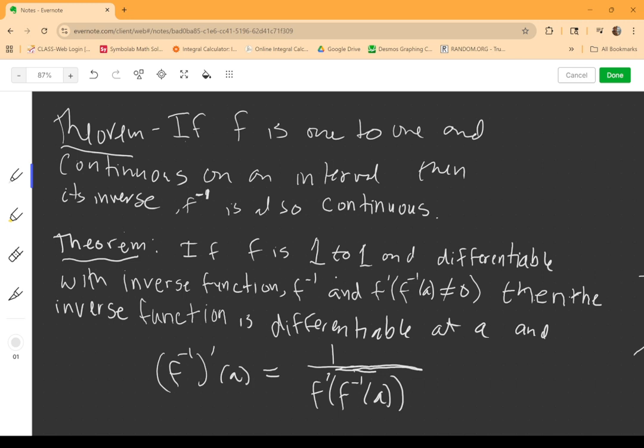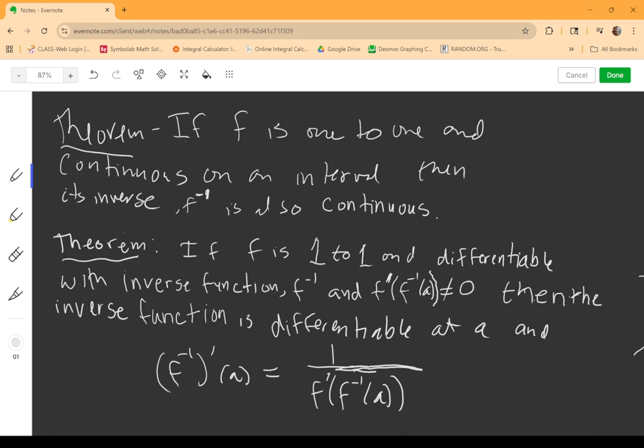If f is one-to-one and differentiable with inverse function, f inverse, and f prime is the derivative of f, and f prime of f inverse of a is not equal to 0, then the inverse function is differentiable at a.